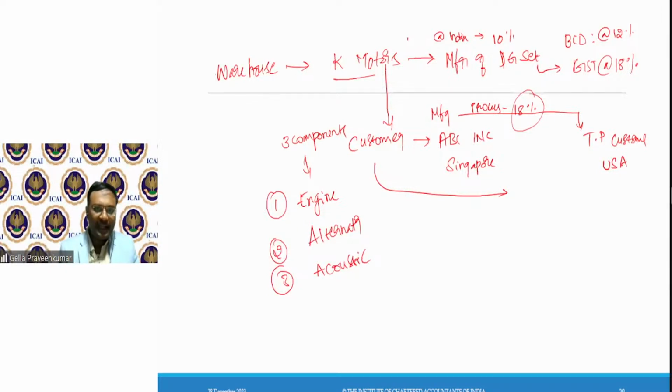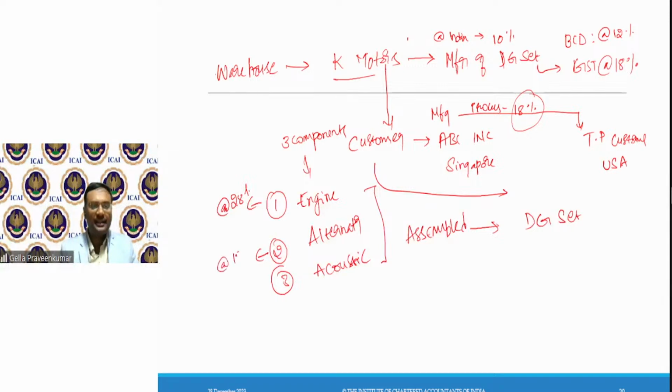Now, these three parts have to be assembled to manufacture something called DG set. Now, when you look at these components, my rate of tax for engine is 28%. My rate of tax for alternator is 18%.